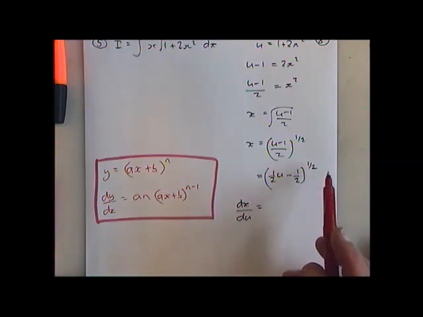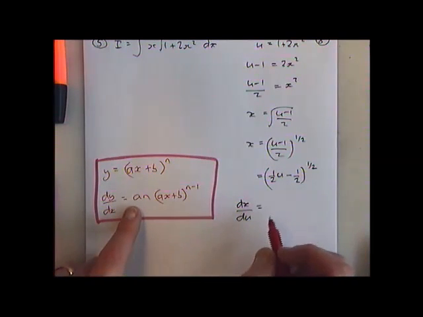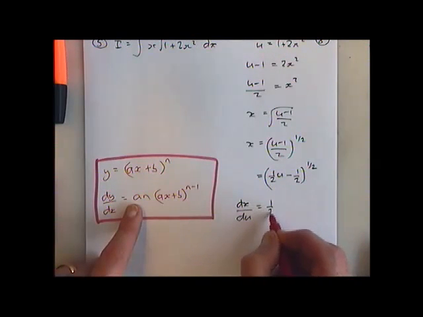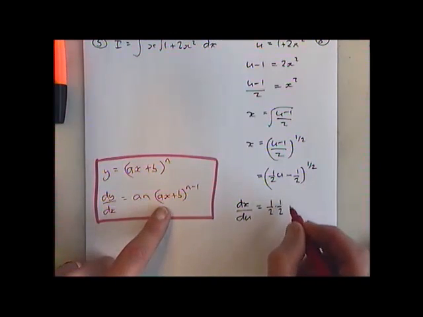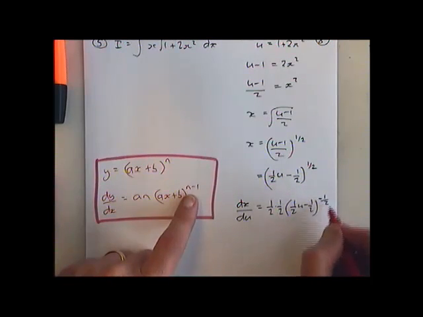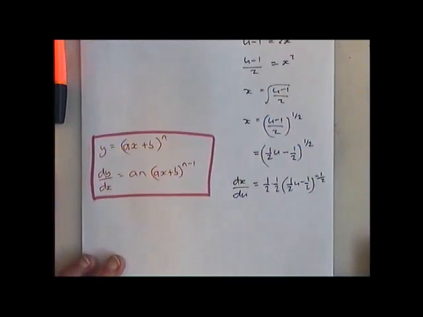Your n is also a half. If you use this red box rule here, you write the a down. Well, the a is that half there. You write your n down, that's that power up there, and they're times together. You write your bracket down, and you knock one off the power. So that is what you get when you differentiate it.